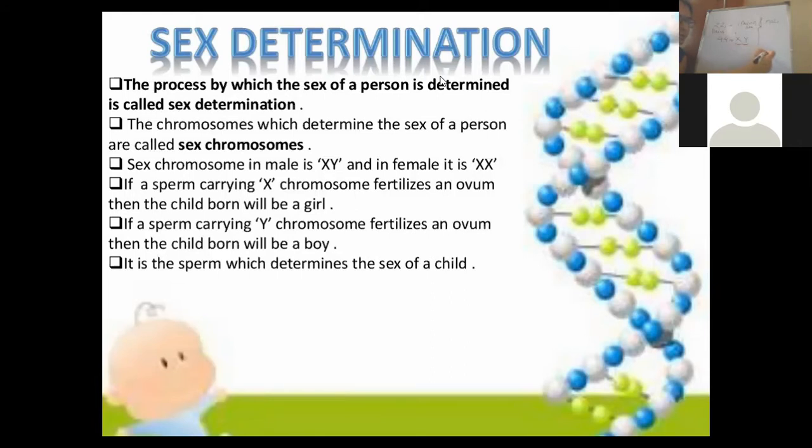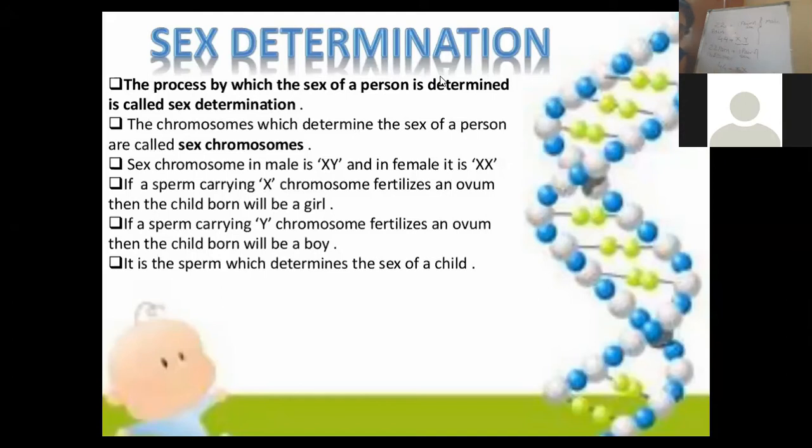This is all about the male. Now let's describe the female. There will be 22 pairs of autosomes, similar in both male and female, plus one pair of sex chromosomes. So it will be 44 plus one pair, in which the genetic description of that pair will be X and X only.